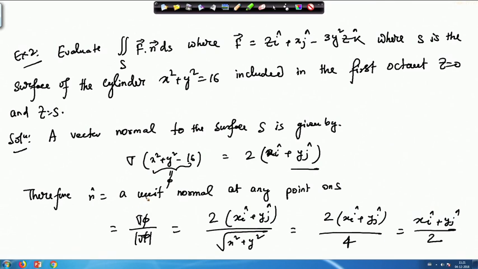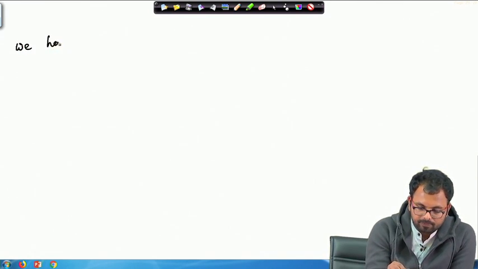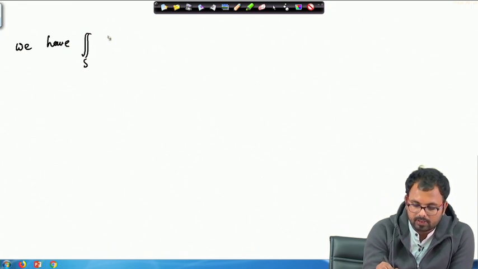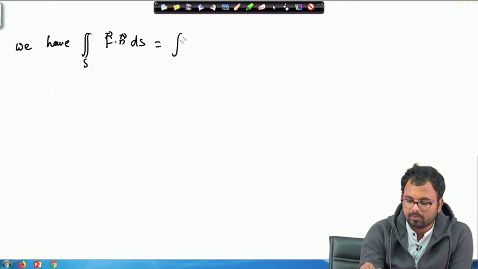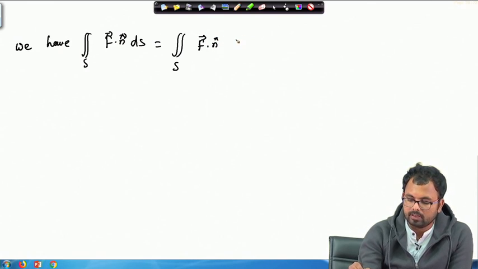Now since we have a cylinder whose base is x square plus y square equals 16 and height is 5, we take a projection either on the xz plane or the yz plane. So if we take the projection on the xz plane, we have the surface integral over S of f dot n ds, or let us say n cap. So this can be written as the surface integral over S of f dot n, and if I take the projection on the xz plane, then dx dz, and then the dot product will be n dot j, right.